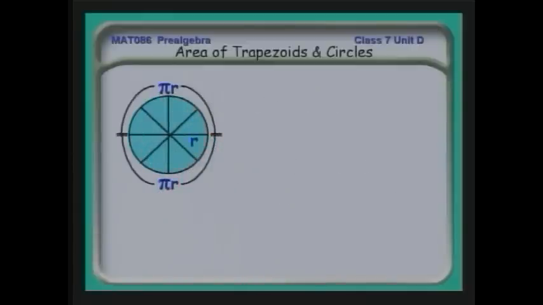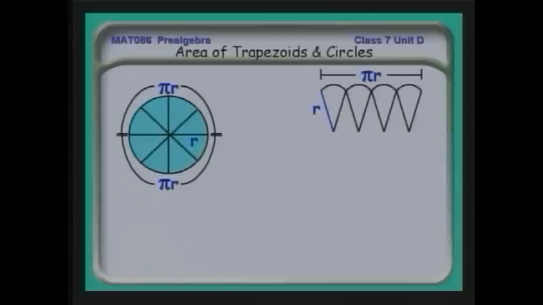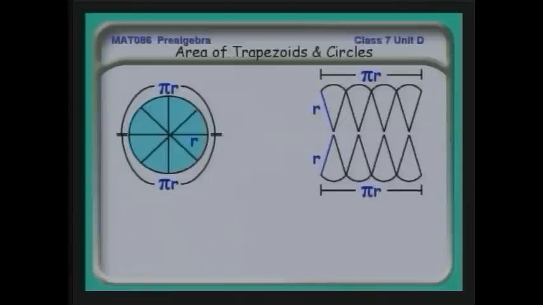Let's play some games now. Suppose that we have this circle divided into 8 pieces, where each half is pi r, because remember the distance all the way around is 2 pi r. And I'm going to split those quarters out like that, those little segments of a circle. They almost look like orange slices. And then there are the ones from the bottom.